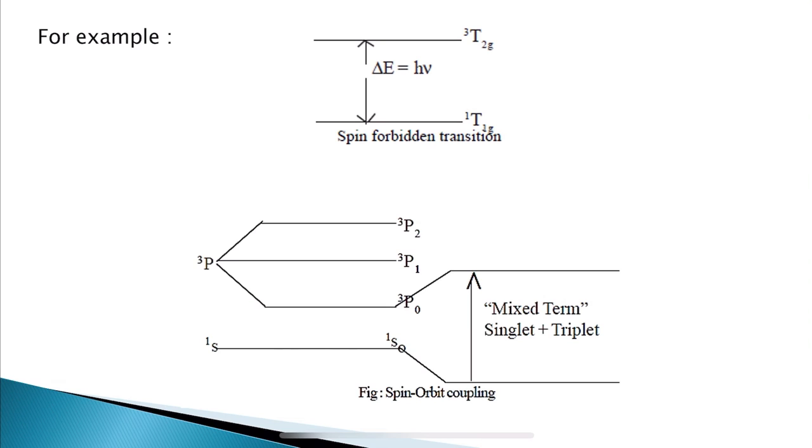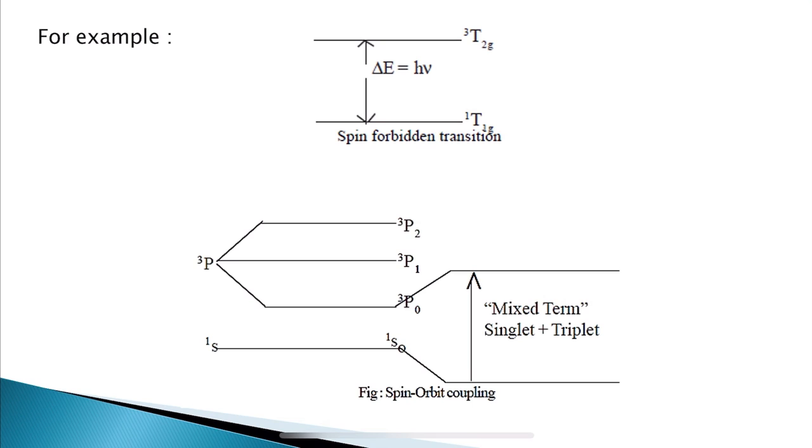Therefore, the forbidden 1S to 3P transition is partly allowed. This is one example where we see a forbidden transition even though the spin multiplicity is not the same. Due to the spin orbit coupling, there is a chance that the electronic transition could take place.